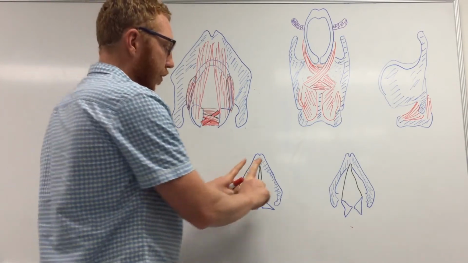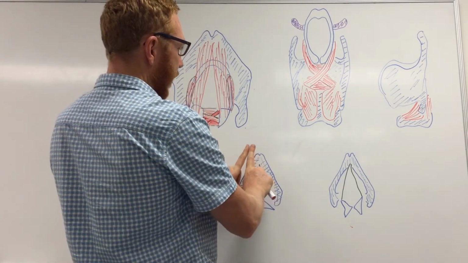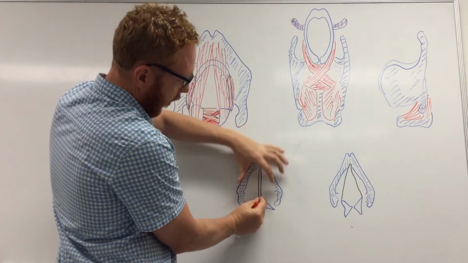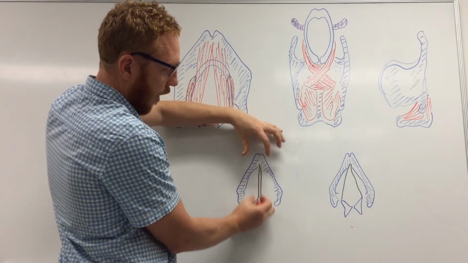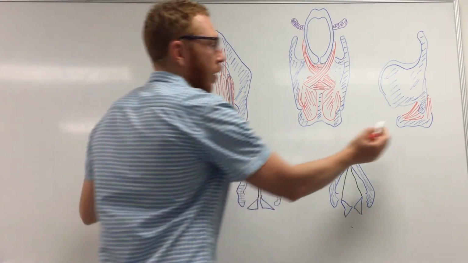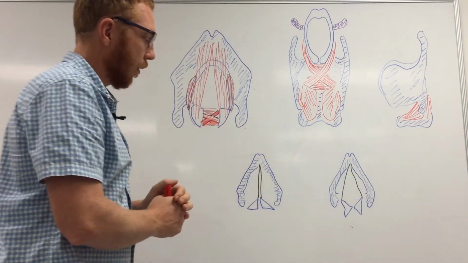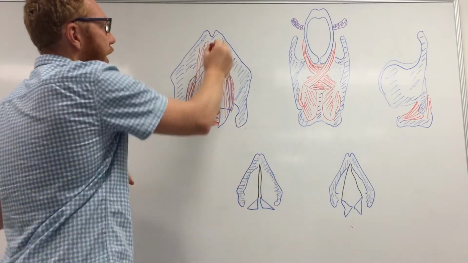So what we can do with the vocal cords, if this is it here, you can tense it. By bringing the thyroid forward on the cricoid and therefore the arytenoids, it will tense that. And this is going to be done by this muscle here, which is the cricothyroid. So that's a tensing muscle. The one that relaxes it a bit is going to be the vocalis.